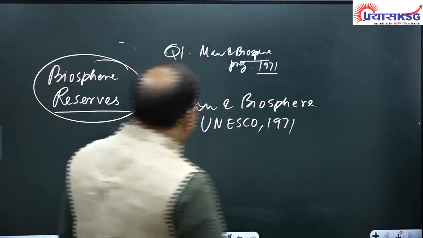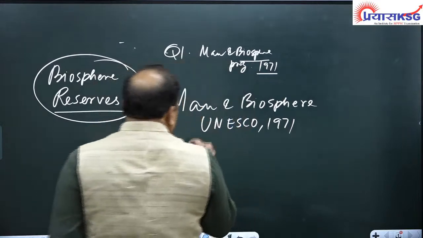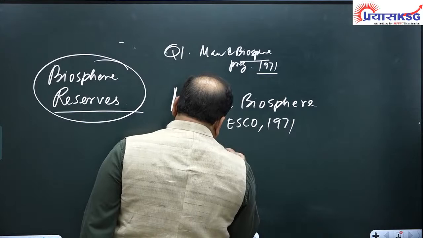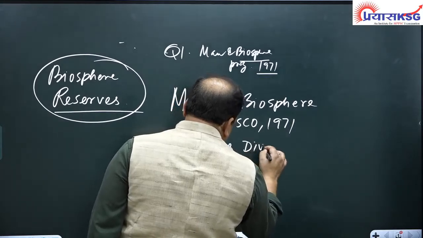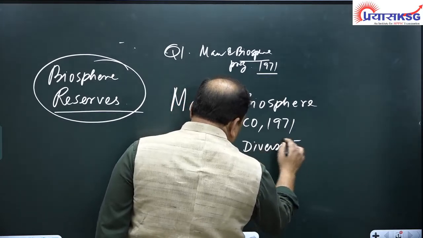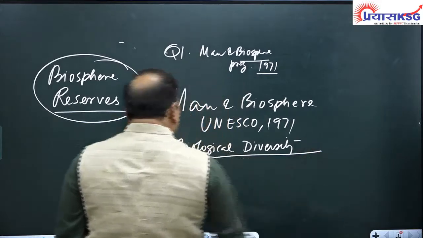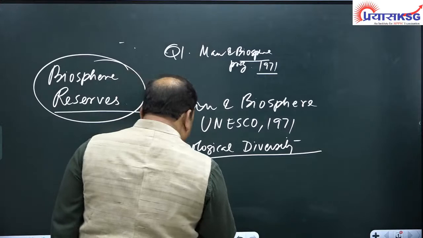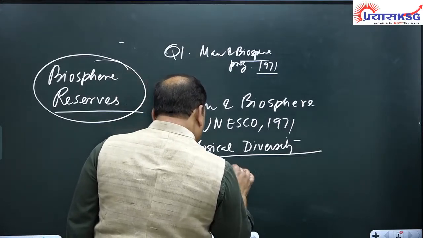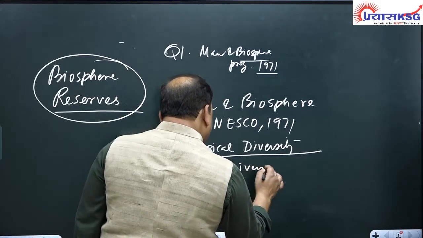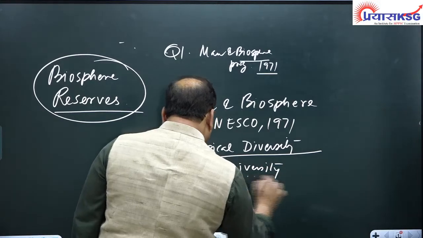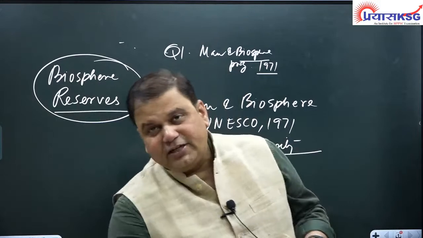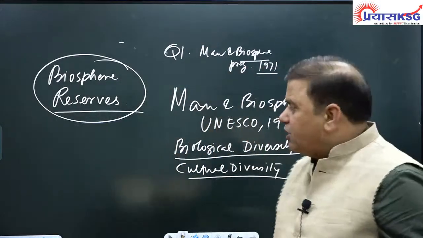They are not only meant for protection of biological diversity, but also cultural diversity. और याद रहे कल्चरल डाइवर्सिटी का प्रोटेक्शन सिर्फ और सिर्फ बायोस्फीयर रिजर्व में ही होता है.